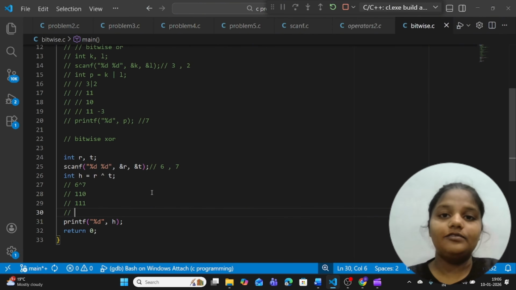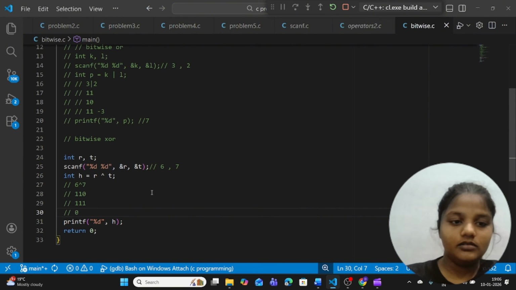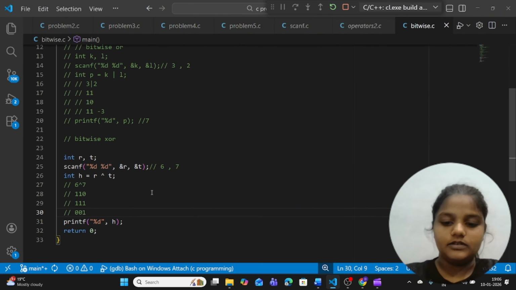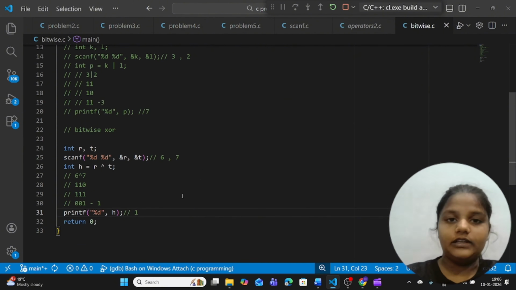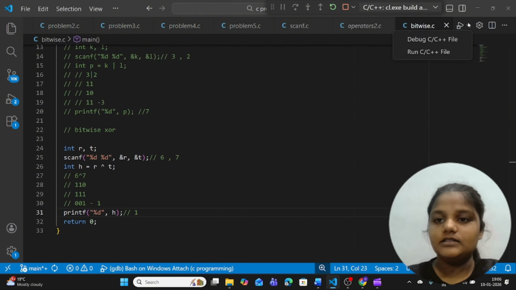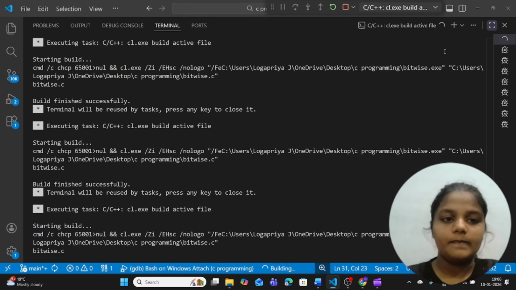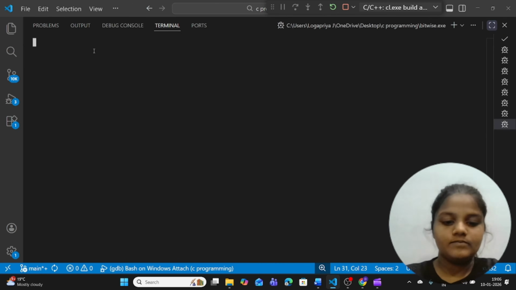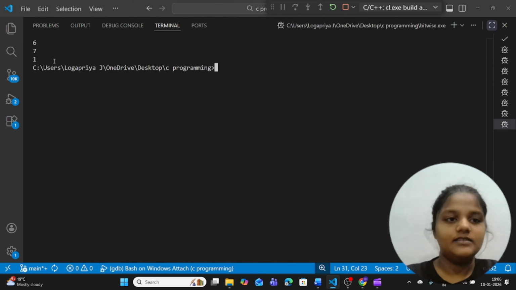If both the values are different, then only it will become 1. So 1, 1, it is 0. 1, 1, it is 0. 0 XOR 1, it is 1. So the value is 1. Okay, so it will print 1 here. Let us run this. 6, 7, right? We have got 1.